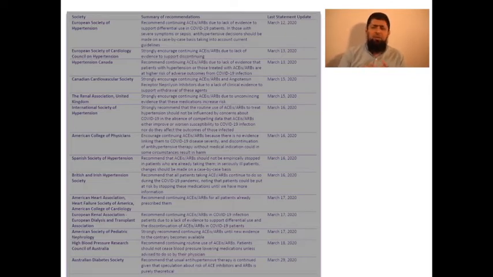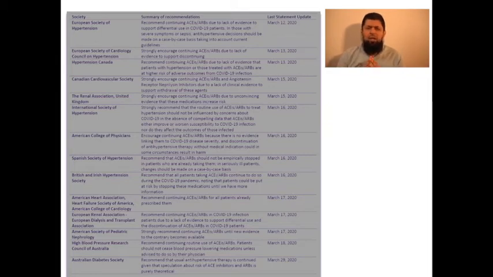Based on this, multiple societies issued their guidelines. For example, the Australian Diabetes Society recommends that usual antihypertensive therapy is continued, given that the speculation about risk of ACE inhibitors and ARBs is purely theoretical.